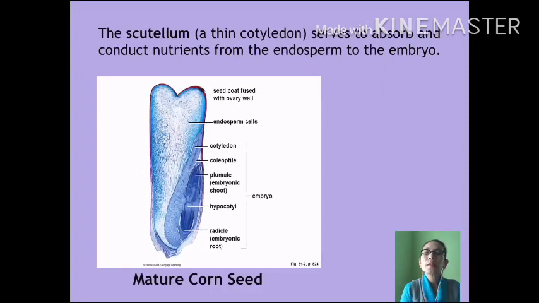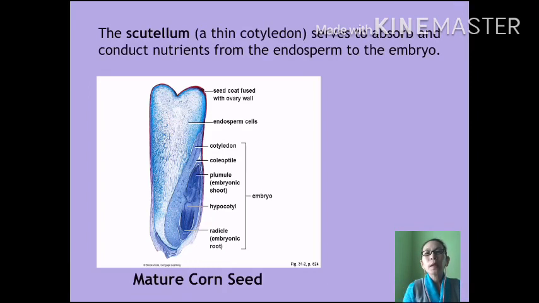The thin cotyledon, which is known as the scutellum, isn't responsible for storing food as in the case of dicot plants, but it is important in terms of acting as a conduit, or it helps in the conduction of the nutrients from the endosperm to the embryo.